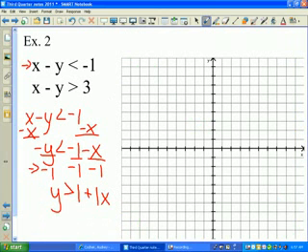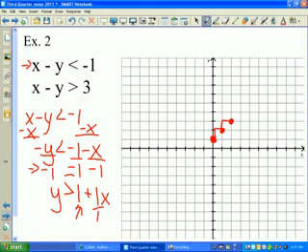So my y-intercept in this case is 1. From that point, I'm looking at my slope, which is understood as 1 over 1. That means I go up 1 and over 1, up 1 and over 1.